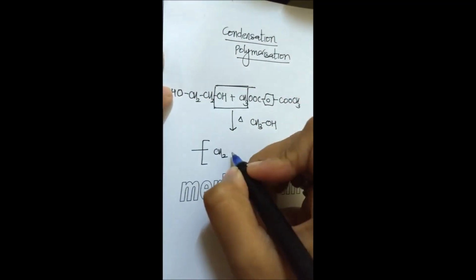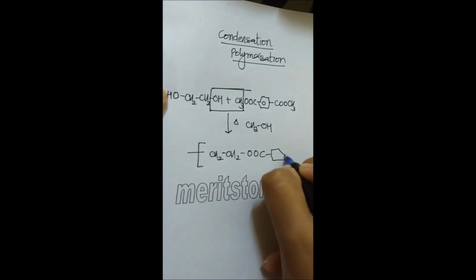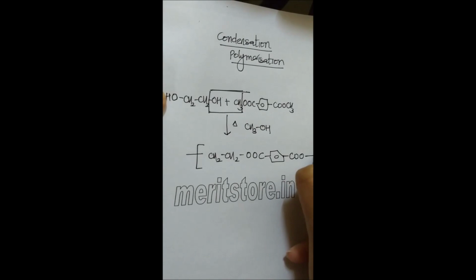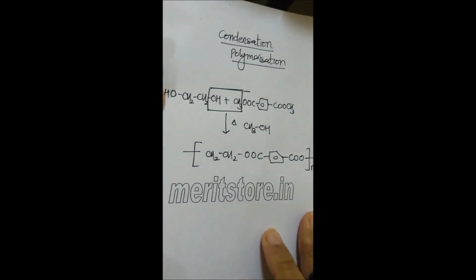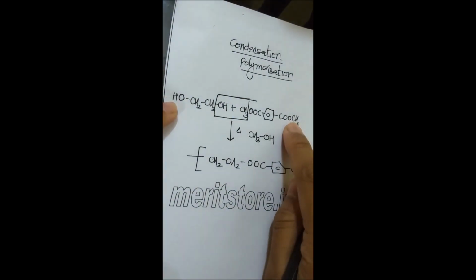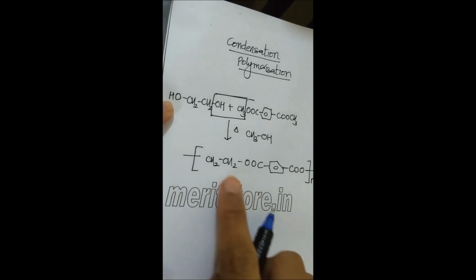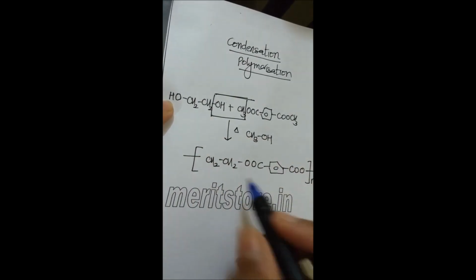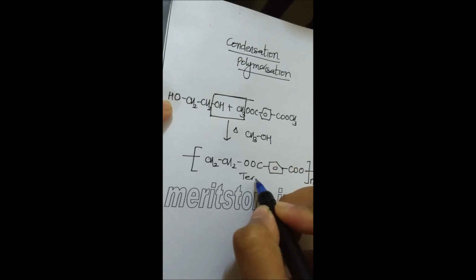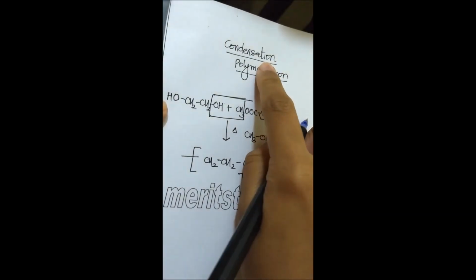So I write CH2, CH2, OOC, COO n times. Now I have not written the CH3 and the OH because this CH3 will form another CH3OH with the next molecule of ethylene glycol. And this polymer, which is called terylene, is nothing but a condensation polymer.